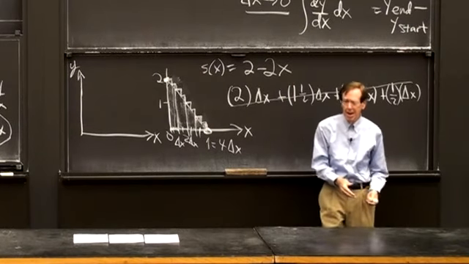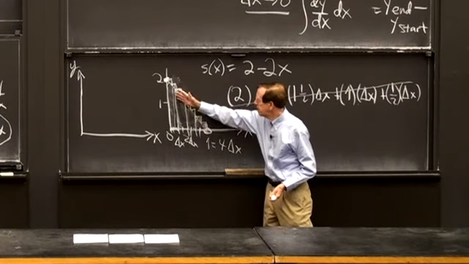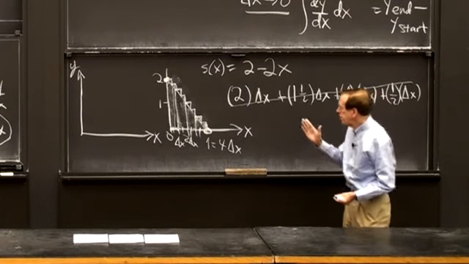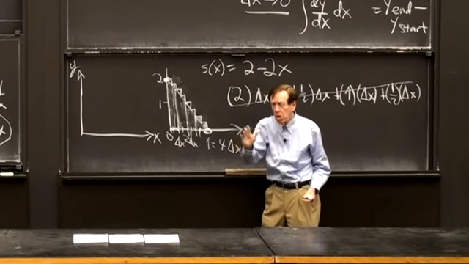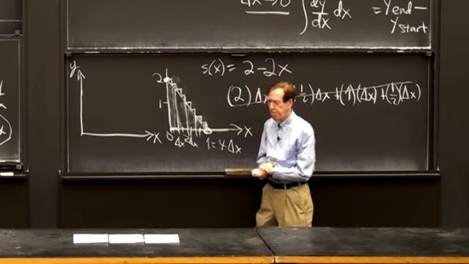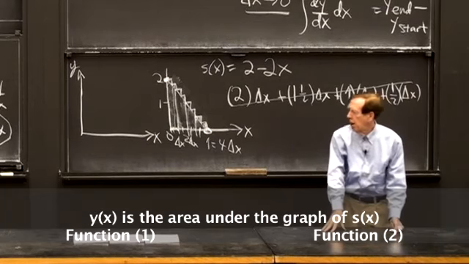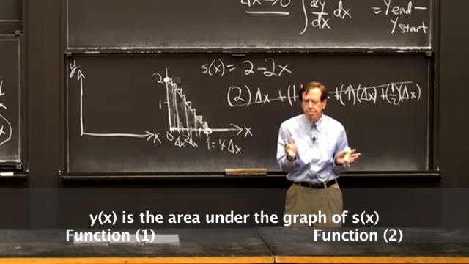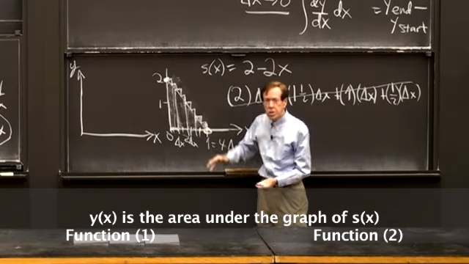Now do you see what I'm getting in the graph picture? What happens to the shaded part as delta x gets smaller and smaller? These little wrong pieces are going to get reduced, and in the end, the total height at 1 is going to be, this is the moment, the area under the slope curve.